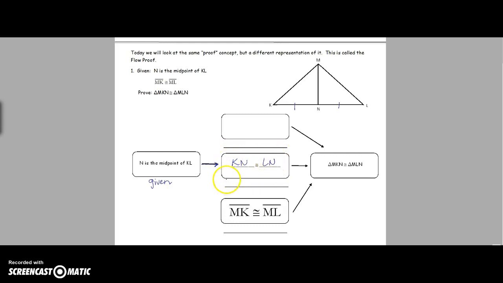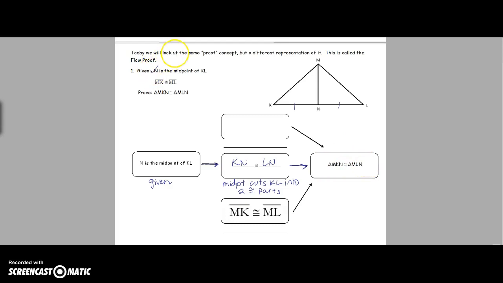And that's because a midpoint cuts KL into two congruent parts. And that is going to bring us to part of these two triangles are congruent.